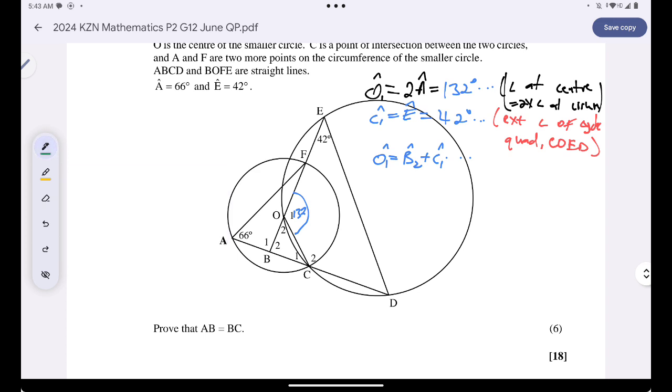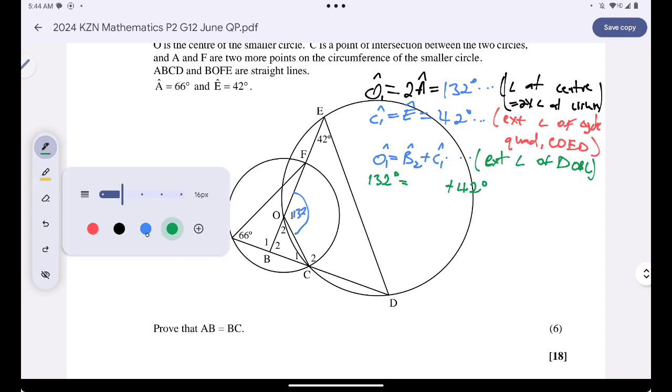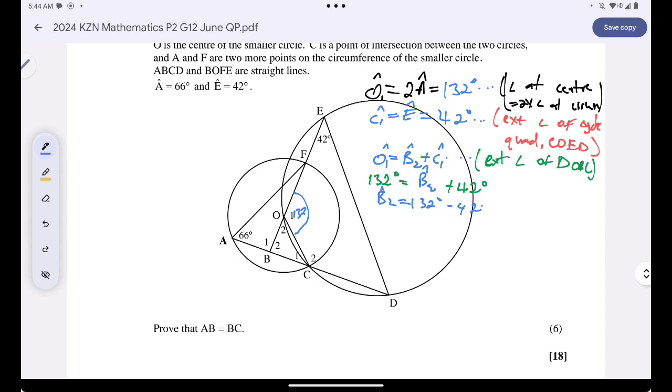It's true because O1 is an exterior angle of triangle OBC. Are we together? I know that the size of O1 is 132 degrees. The size of C1, we just found it to be 42 degrees. But I don't know the size of angle B2. It simply means that angle B2 will be 132 degrees minus 42, which is 90 degrees.